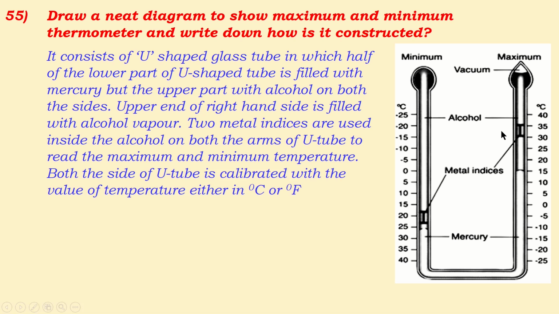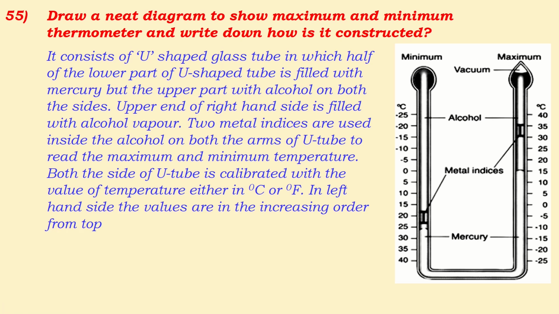To read the maximum and minimum temperature, both the sides of U-tube are calibrated with the value of temperature either in degree Celsius or degree Fahrenheit. In left hand side, the values are in the increasing order from top to bottom, but in right hand side it is opposite. Okay, this is about the construction.